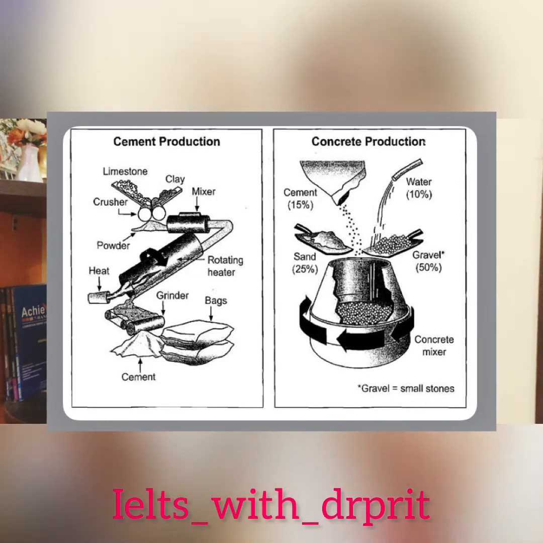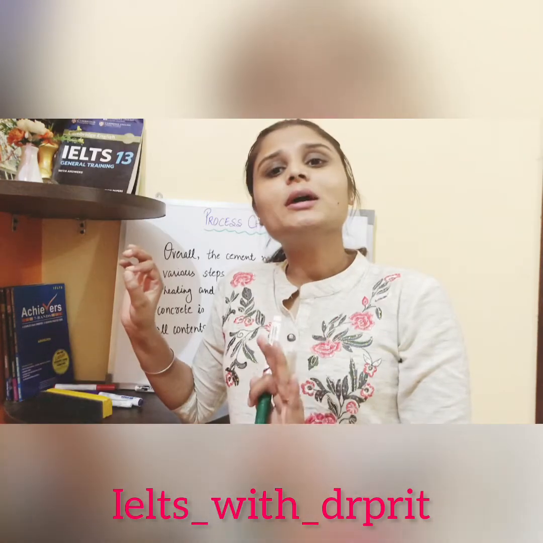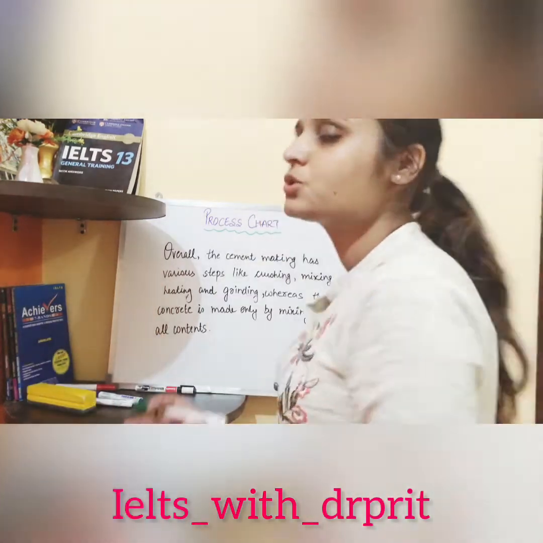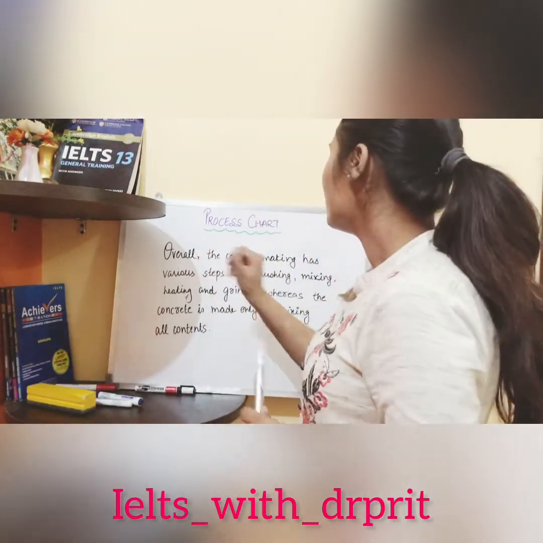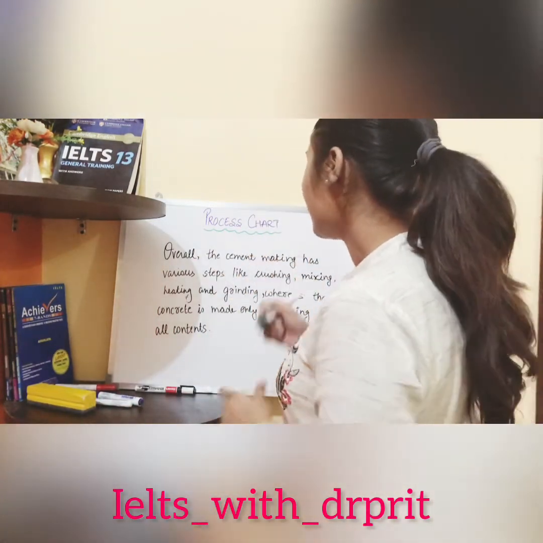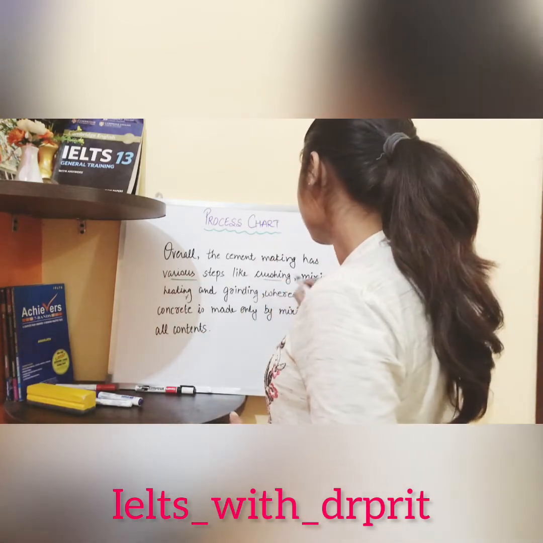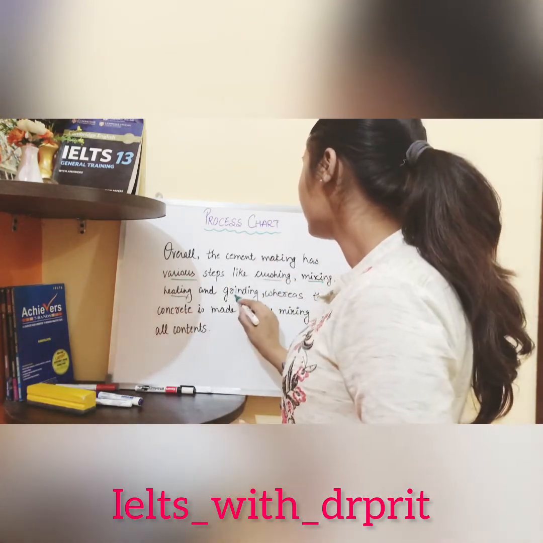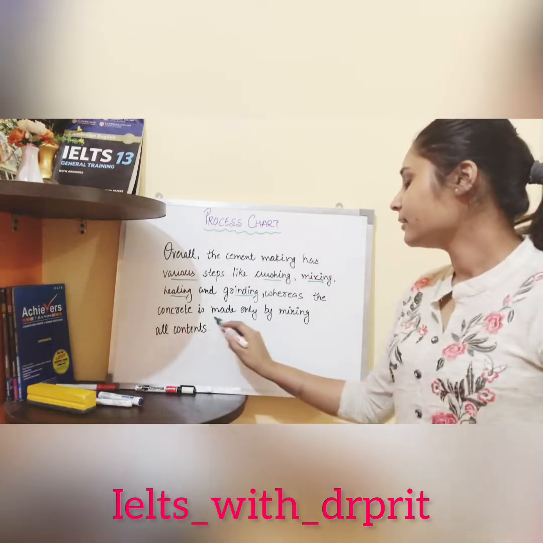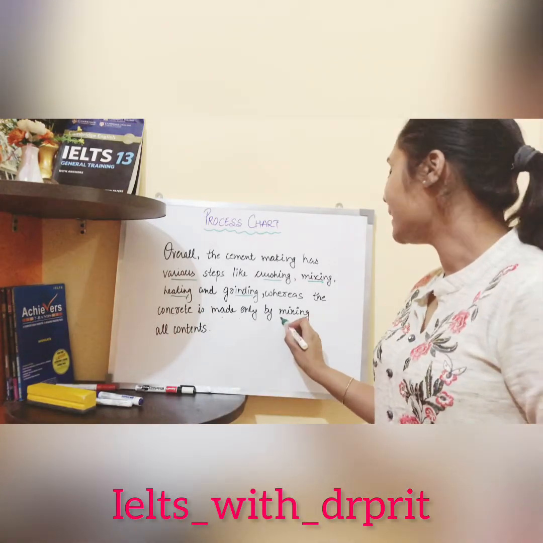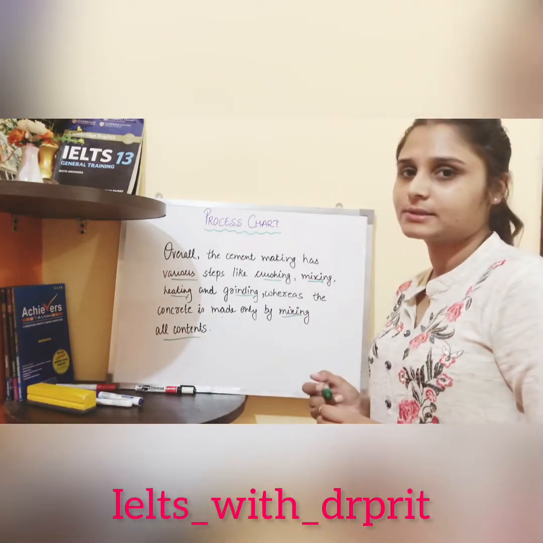So it has different stages, but in the second picture you can see that only one phase is going on, that is mixing. So we would compare these things. So our overall would be, overall the cement making has various steps like crushing, mixing, heating, grinding, whereas the concrete is made only by mixing all the contents.